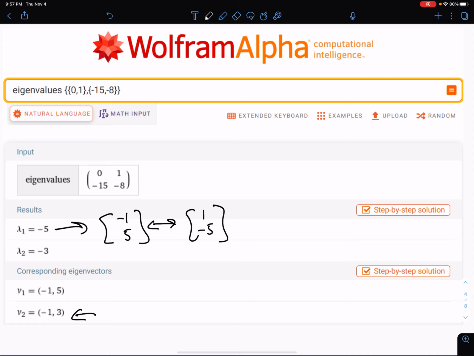And similarly for this one, you could have picked 1, -3. They picked -1, 3. And those are in the same line of vectors. So it doesn't really matter which one of those you pick, or even if you had picked 100, -500, it doesn't matter as long as you're in the correct line.